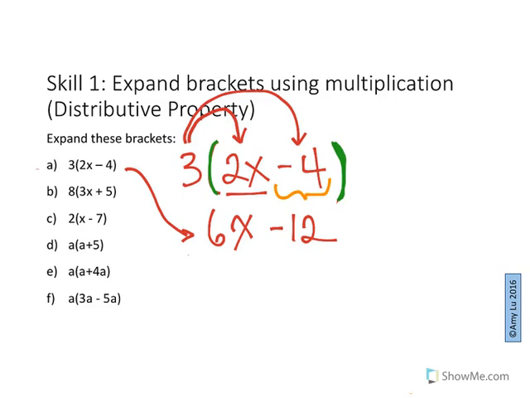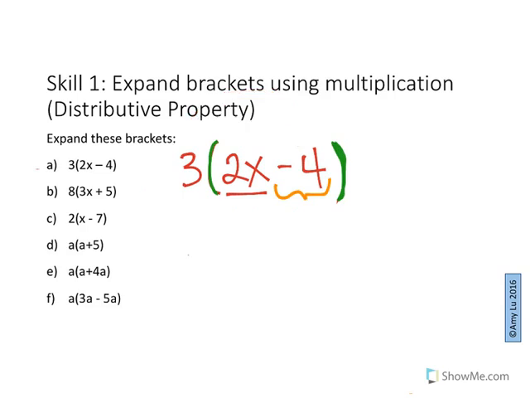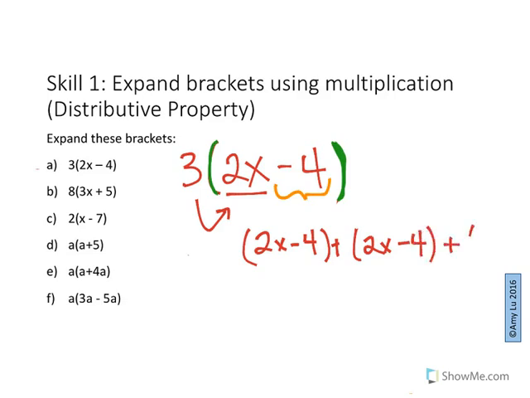Here's another way to think about it. It says 3 times everything on the inside of the brackets. Basically means it needs 3 sets of this. So 2x minus 4 plus 2x minus 4 plus another 2x minus 4.